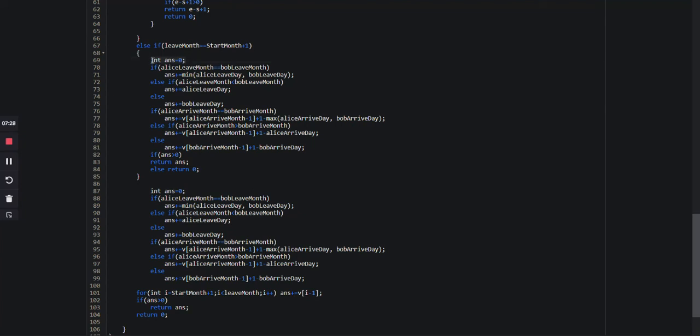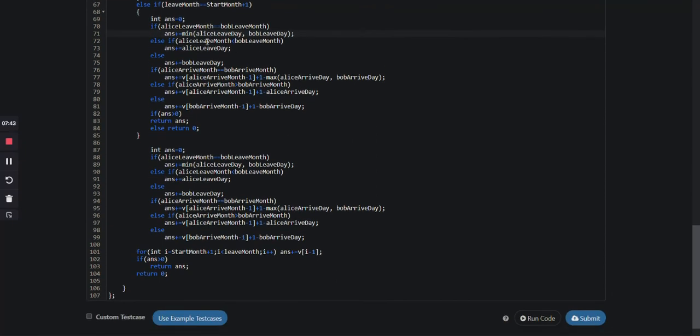We will create our answer variable. If they are both living in the same month, we need to find the minimum leave day, of who is leaving early. After that, we will add that to our answer because if it is the next month, then all of those days should be considered. So we have added that to our answer here.